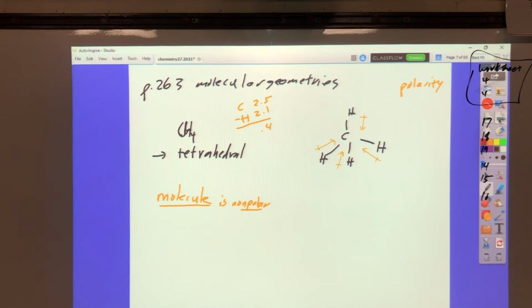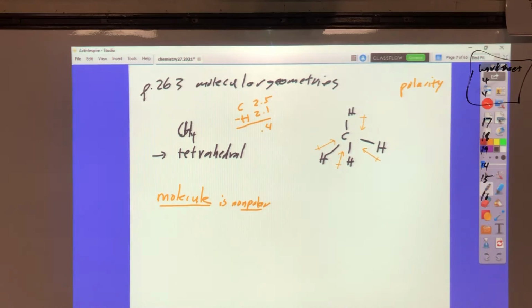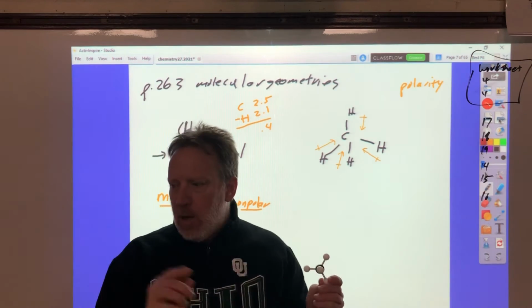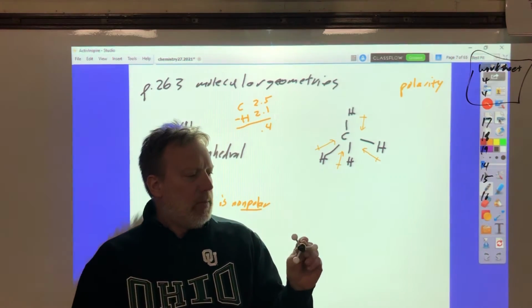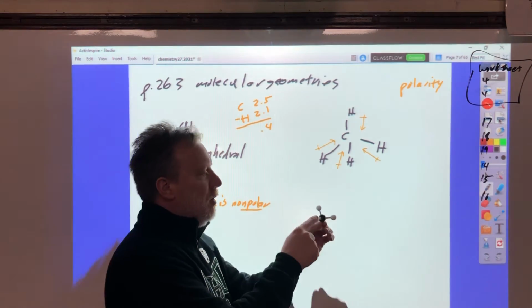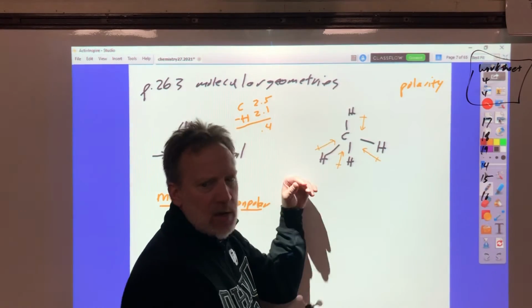Okay, which leads to molecular geometries. Here I grabbed a black atom out of my molecule kit, because that's carbon. In fact, I happen to have 4 hydrogens stuck on there. It just happened to be methane.